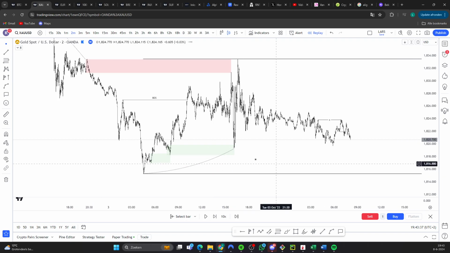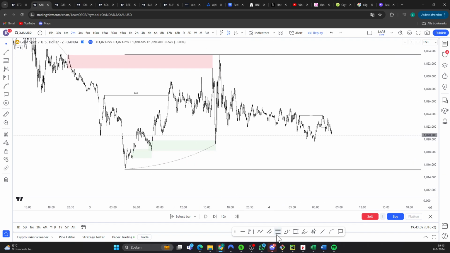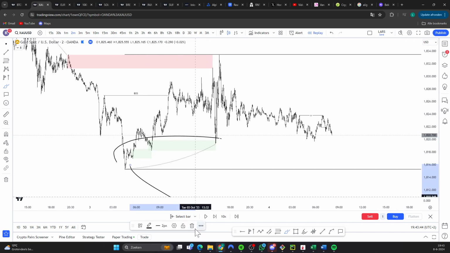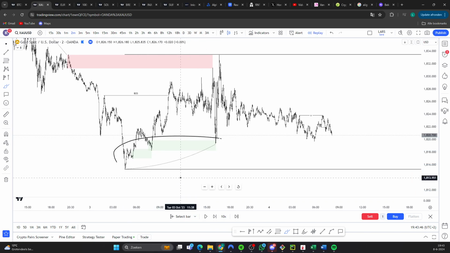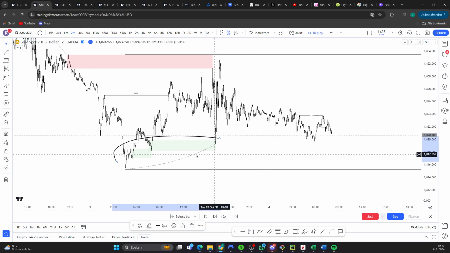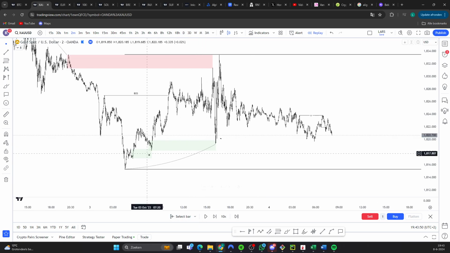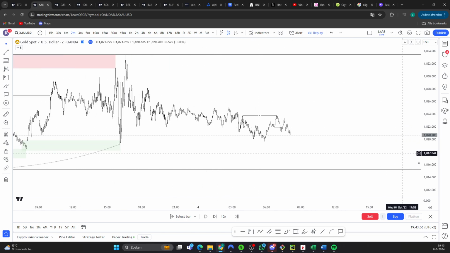In general, there's no support below us. Oh, whoa. There's no support below us because we bounced from the only one that was there, which was that 30-minute zone. We have very tight price action here, but we are trending down.